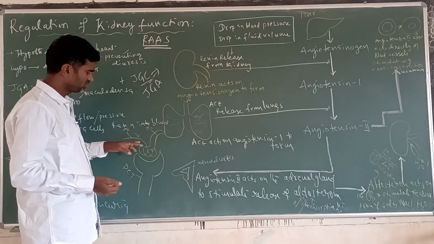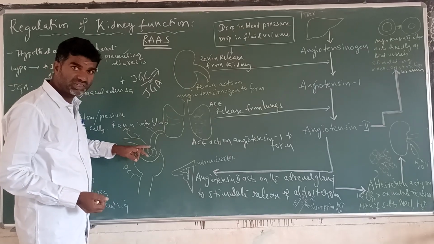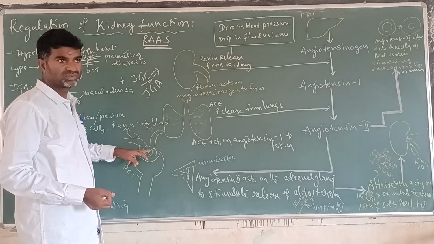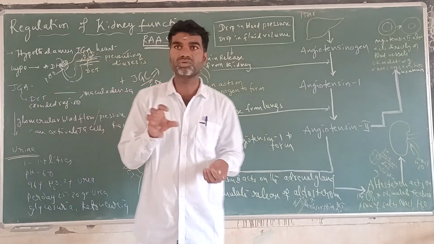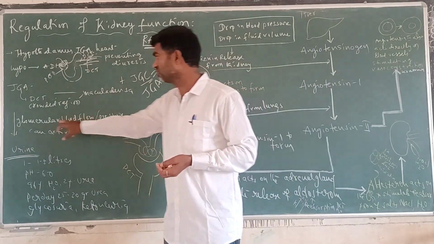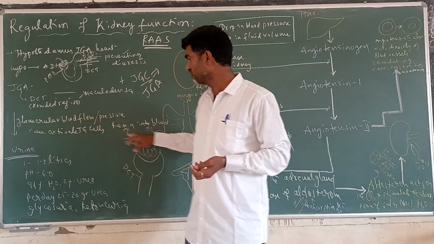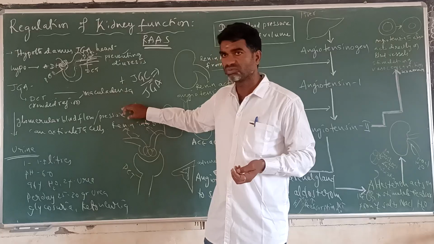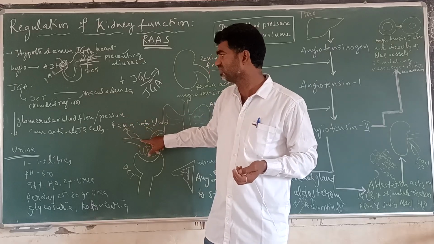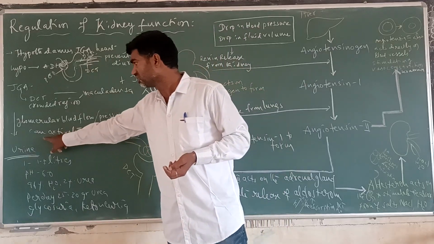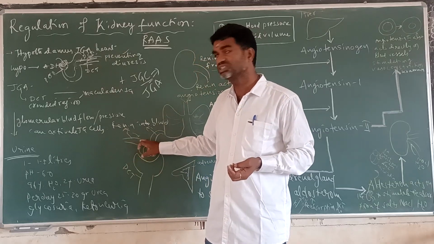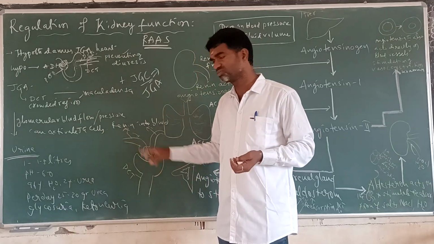Likewise, the blood is flowing now. When there is a fall in the glomerular filtration, the glomerular blood flow and the pressure fall here, then it can activate what here? JG cells. JG cells are activated here.